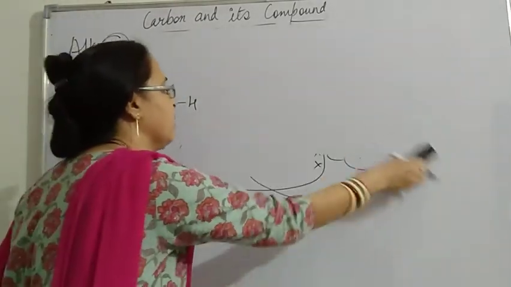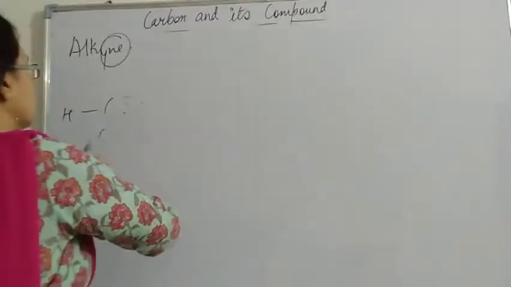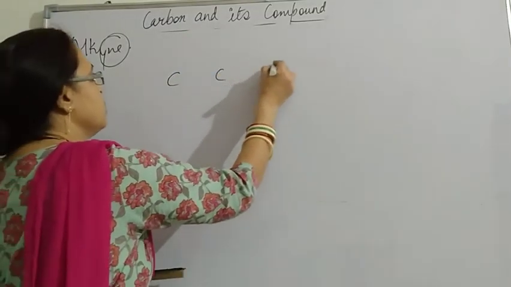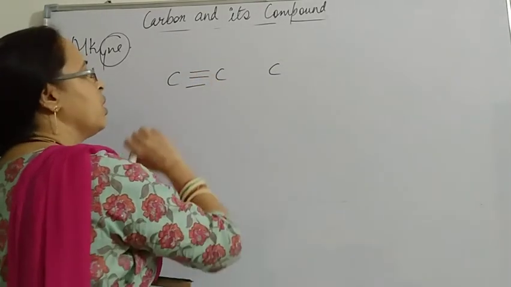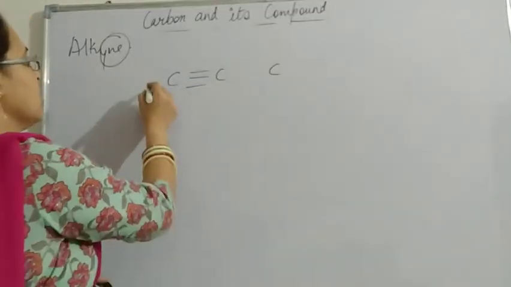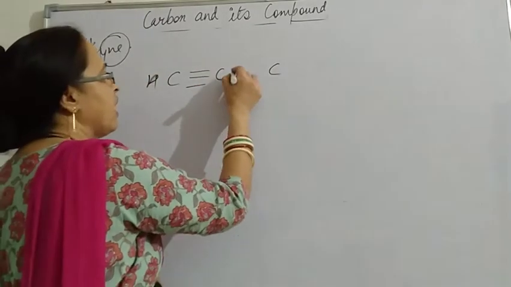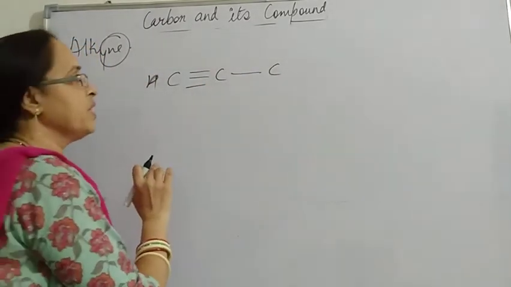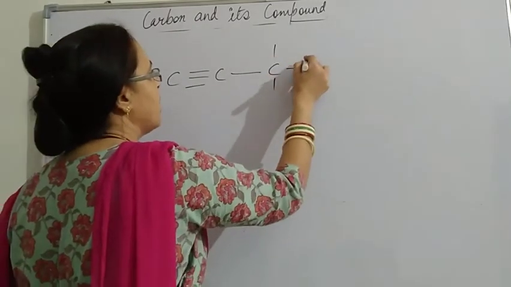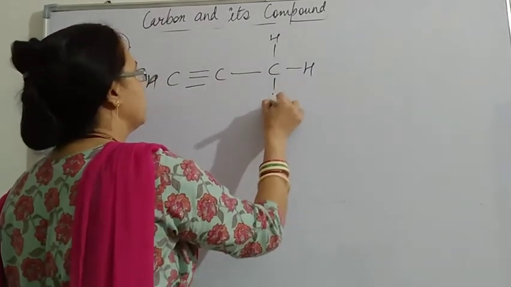Now when we talk about the 3 carbon compound of the alkyne series: 3 carbons, 1, 2, 3, and a triple bond between 2 carbons. Then one valency is free, so we'll write down hydrogen 3, and 1, 4. So no hydrogen should be there in the center, and now this carbon will have 1 hydrogen.